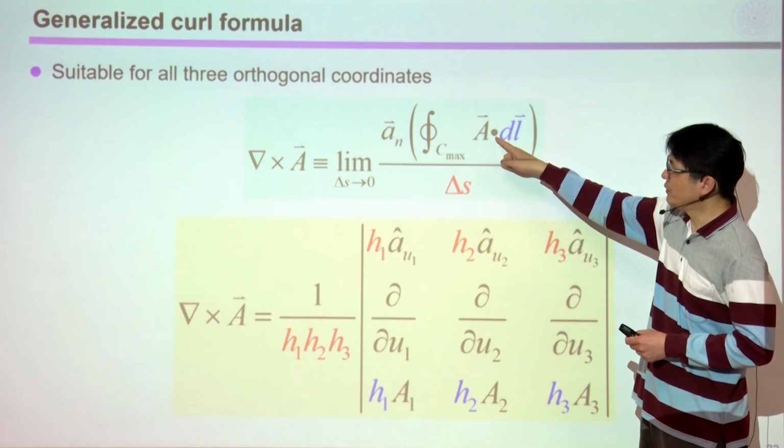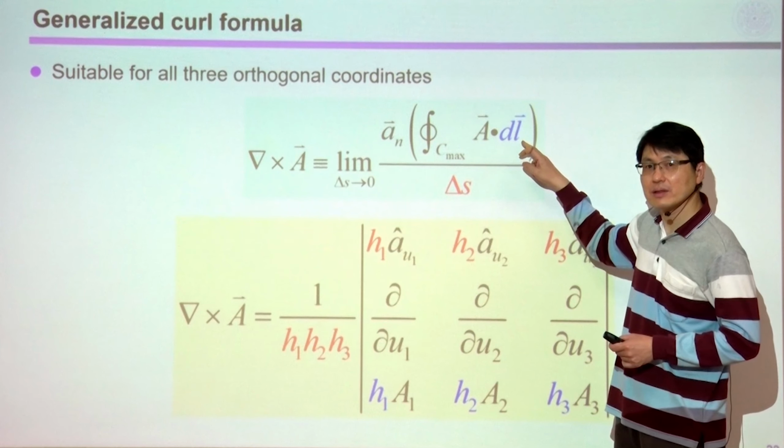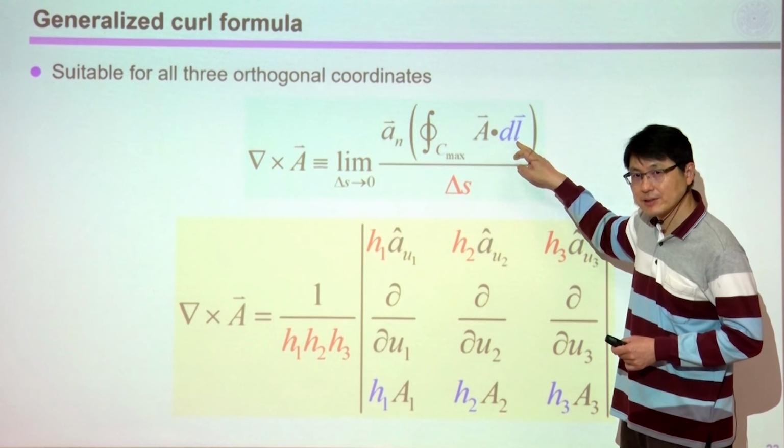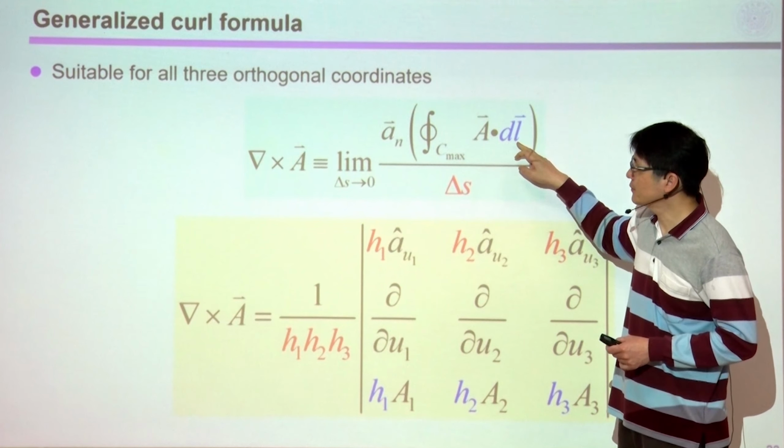So when you're working in a different coordinate system, if your unit vector is angular, your differential length dl is an arc, right? And then divided by differential surface.